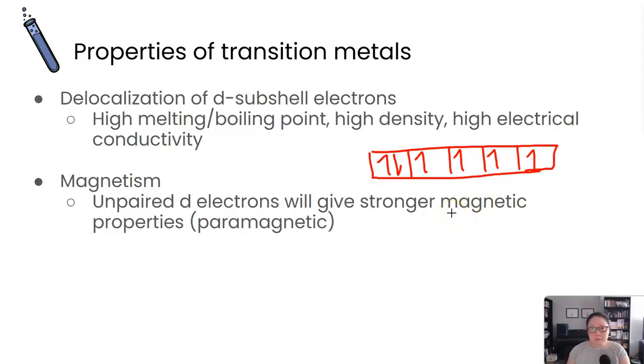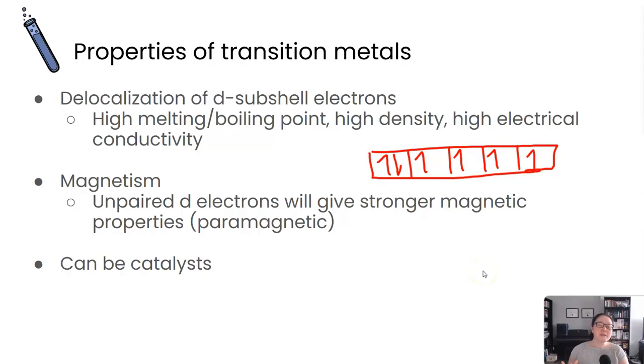The more paired ones you have, that's going to give you a weaker magnetic property. Something that has stronger magnetic properties is referred to as being paramagnetic. Something that does not have strong magnetic properties is referred to as being diamagnetic. Those two particular terms are not very important at this point.